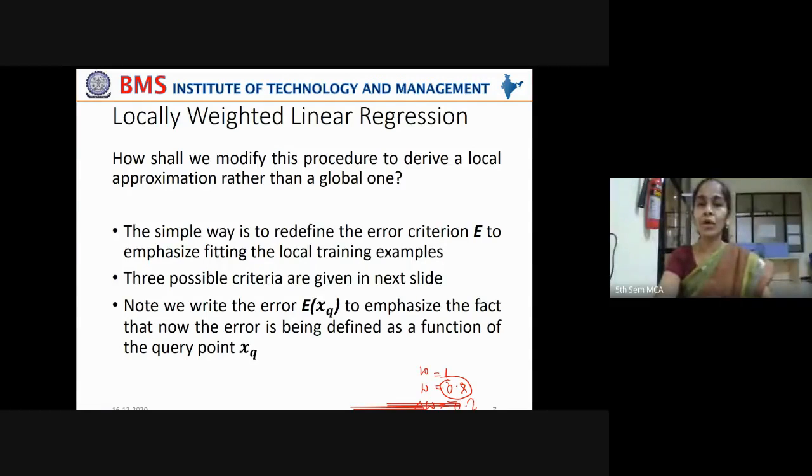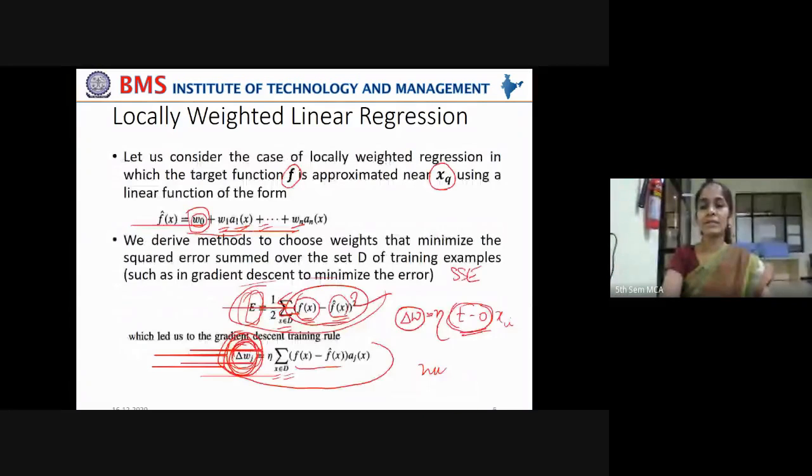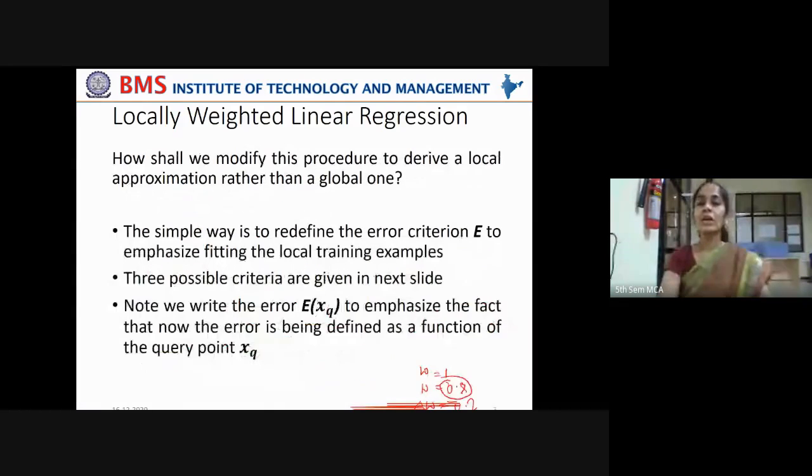Now, how shall we modify this procedure to derive a local approximation rather than a global one? In this case, this is actually a global approach, meaning it is considering the prediction errors of all the training examples. But how to transform that into a local approximation?